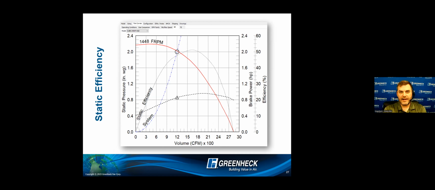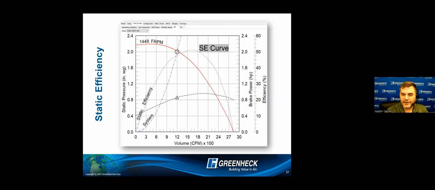So here, on this curve I'm showing you, all of a sudden there's that small black dotted curve. And what it's saying is that this is the static efficiency curve. If you're operating towards the top of that black dotted curve, you're in the most efficient spot that fan will ever operate in. If you're towards the ends where it drops off, the fan's going to move the air, it's just less efficient at doing it.